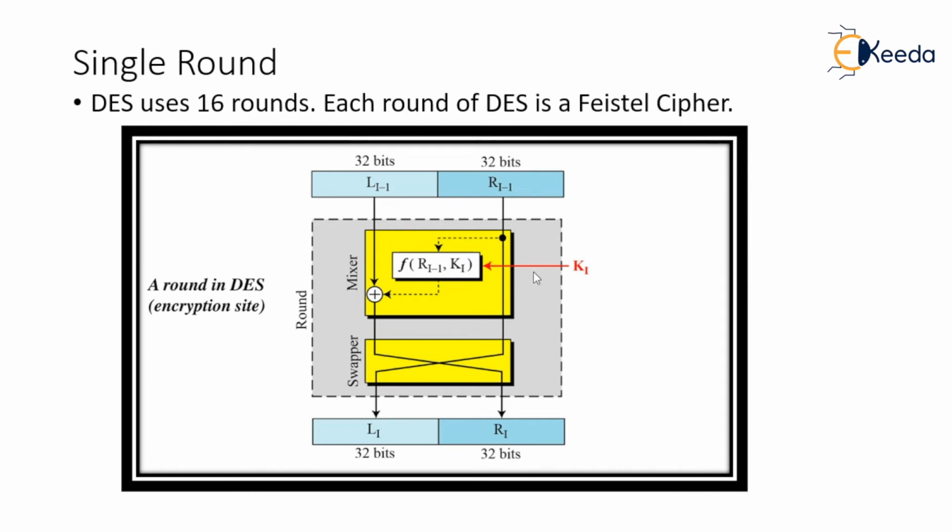That key is coming from this side. The key generation algorithm is used, which converts your 56-bit key into a 48-bit key. Then the substitution takes place, then the permutation, and then the swapping of the right and left halves takes place. So this is the basic Feistel cipher which is used in the DES algorithm also.